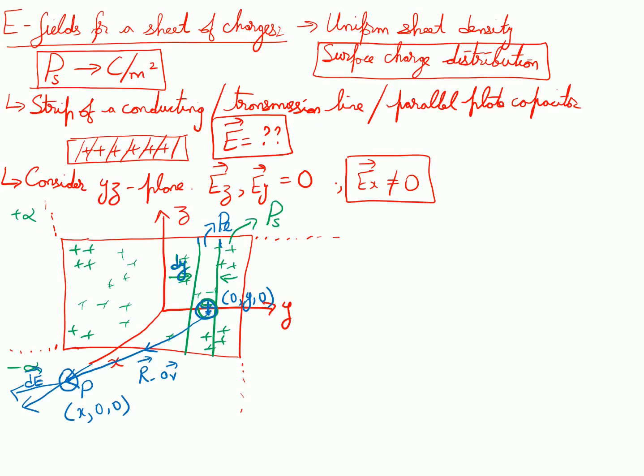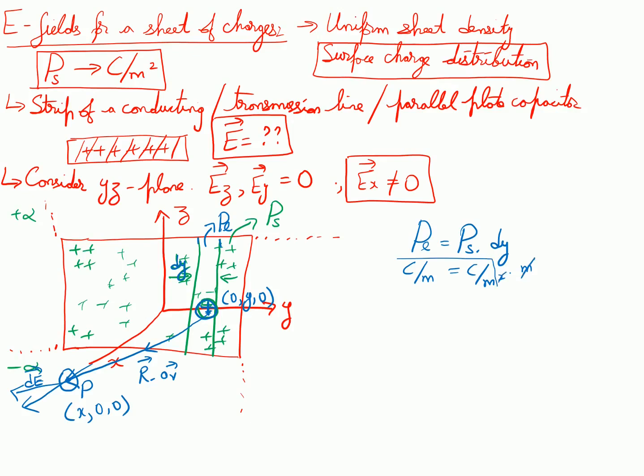I can also correlate the line charge with the surface charge, as I know that my line charge rho_L is dependent upon the surface charge distribution and the width represented by dy. Mathematically, the unit of line charge distribution is coulombs per meter, surface charge is coulombs per meter square, and the distance unit is meter, so it cancels out.